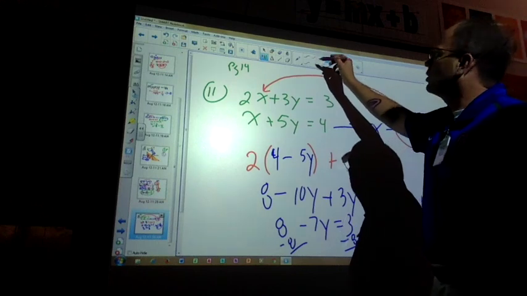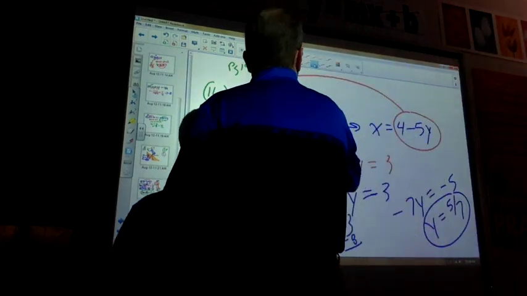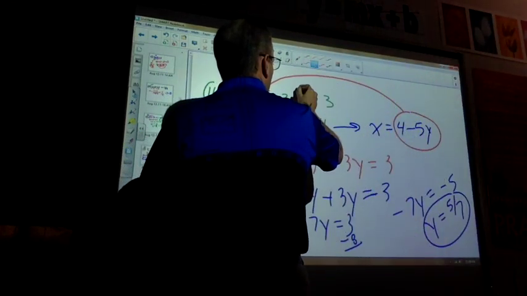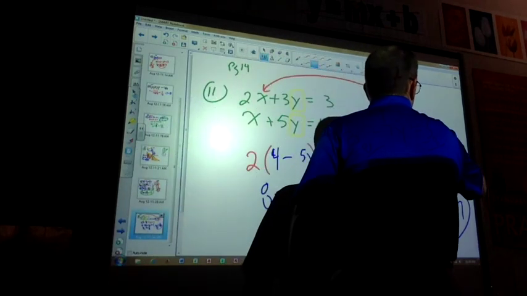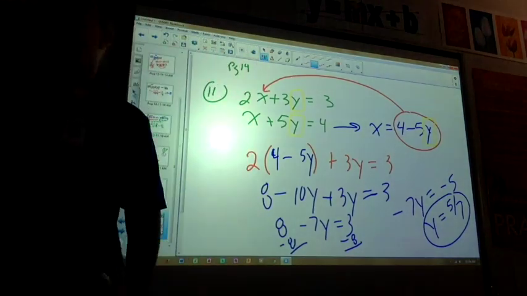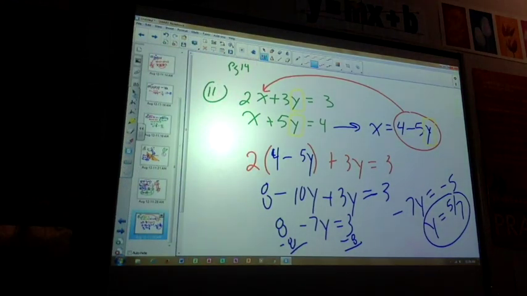Plug it back in. So here's the tough thing. Do I want to plug y into here? I'm doing it in yellow for a reason. What letter am I solving for right now once I plug y back in? x. Is there a modified equation that is x equals?